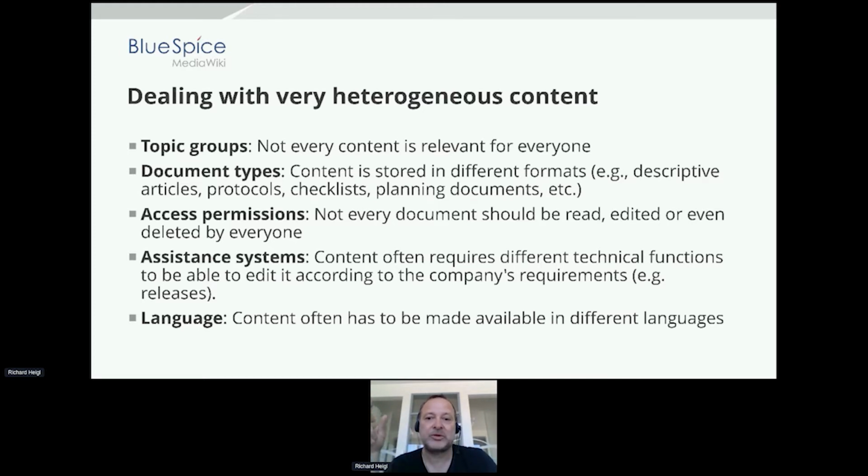Not every content is relevant for everyone. It might be interesting for the finance department, but not for the technical department. But they are sharing the same wiki, maybe, or it has to be put in the same knowledge base, so it can be retrieved in a central place and not in different places.